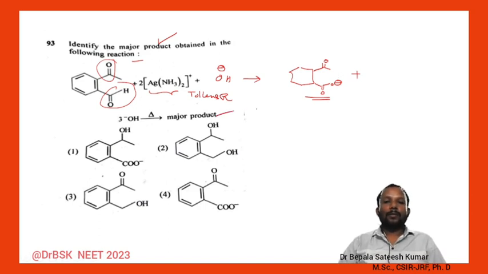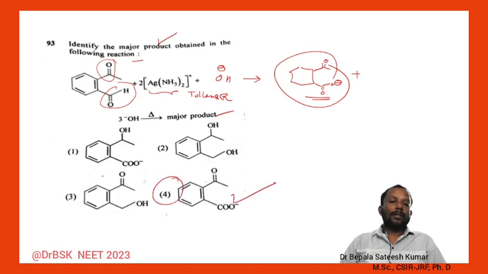So this is the major product. See this structure, the fourth option is the right option. The keto group is not affected, only the aldehyde group is oxidized into a carboxylic acid salt. Generally an ammonium group is there, so salt formation takes place.